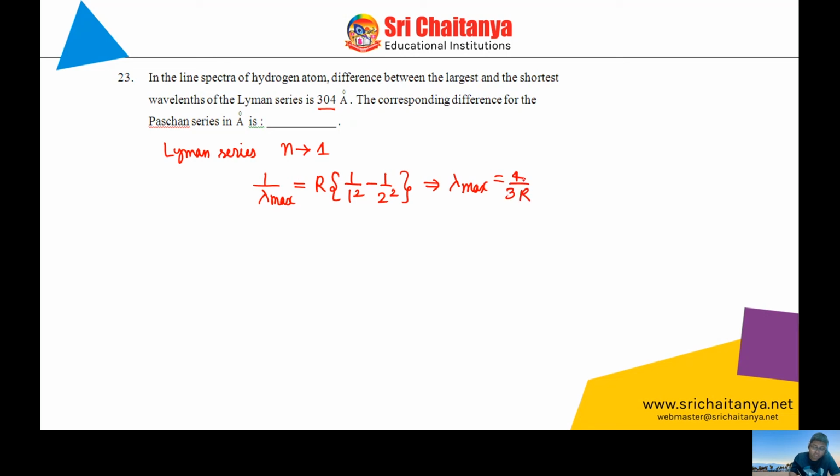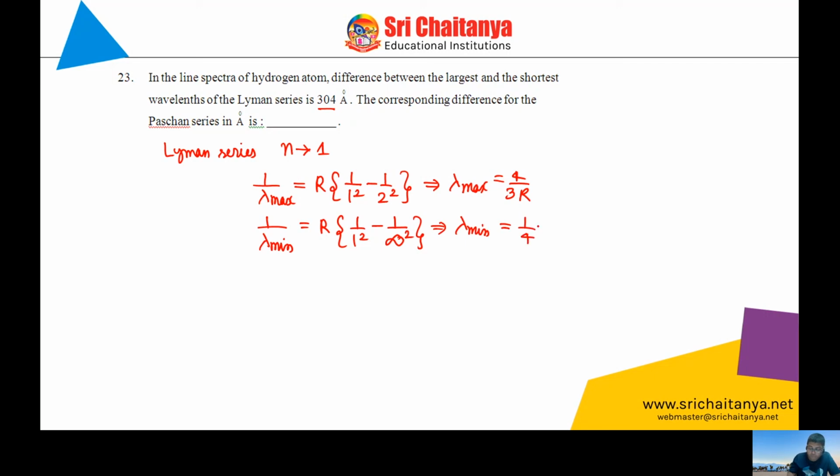Similarly for lambda minimum, the corresponding transition would be maximum over here. So that would be R into 1 by 1 square minus 1 by infinity square, and so lambda minimum here you will get as 1 by R.